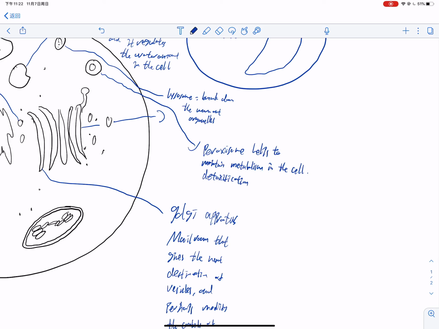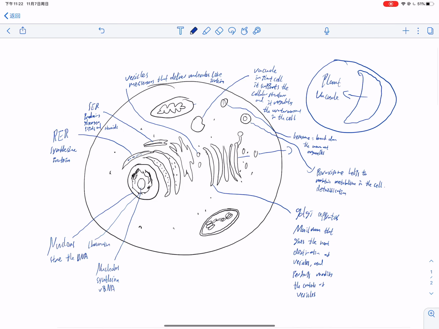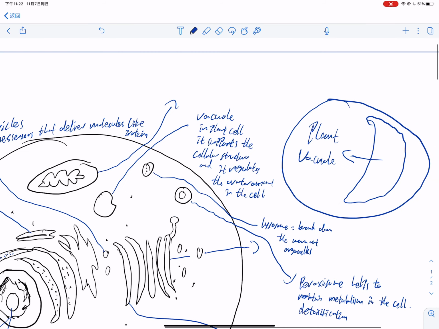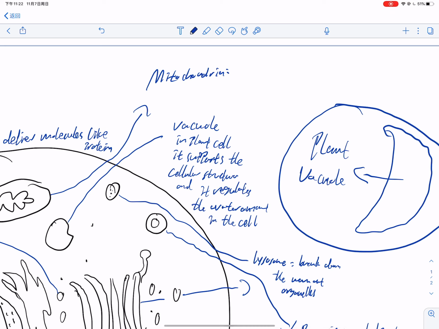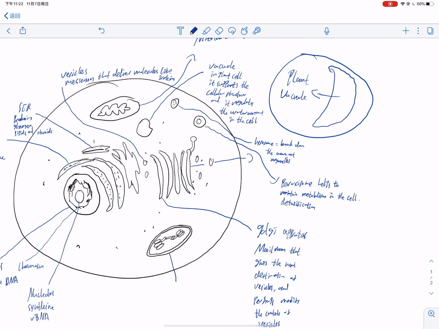And let's see, what else do we got? Oh, and here, this is one of our most important organelles. This is the mitochondria. The mitochondria is known as the powerhouse of the cell, and it produces ATP. We will have another entire lesson about mitochondria later, and about this thing, the chloroplast.